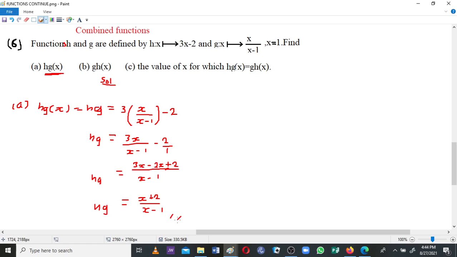Now we can get our gh. This one we are going to substitute the function h(x) into the function g(x).